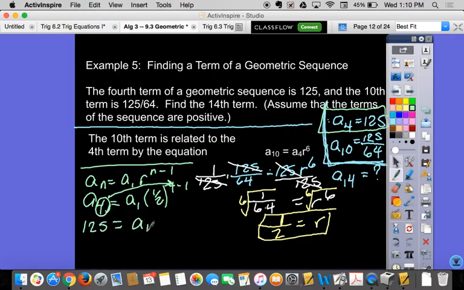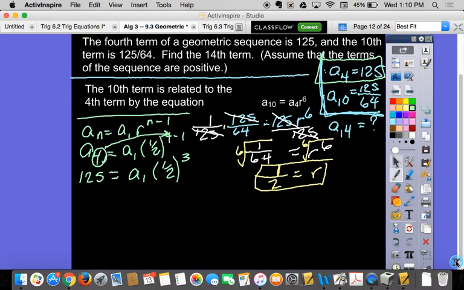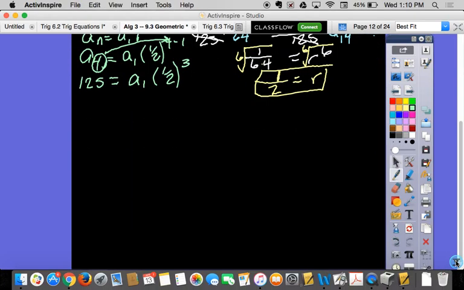I don't know a sub 1, that's what I'm looking for. So I've got 1/2 there. 4 minus 1 is 3. Okay, let's speed this up so we can get some space so we can write. Okay, whoa, 125 equals a sub 1 times, and if you cube that, 1 cubed is 1, 2 cubed is 8. Now I've got to get rid of 1/8 and multiply by 8 on both sides.